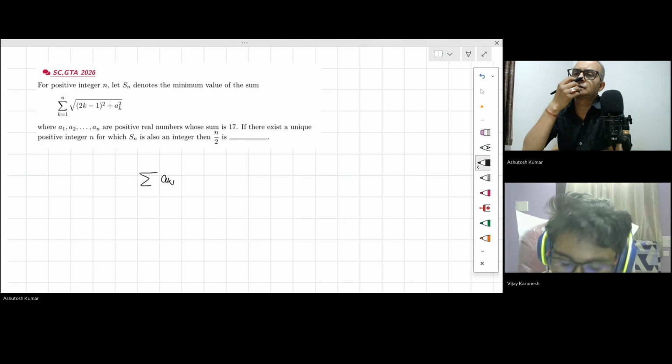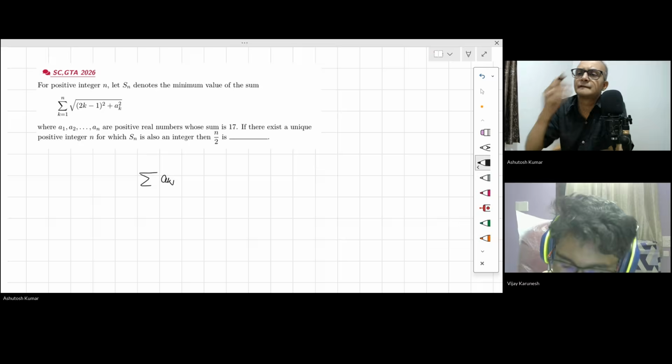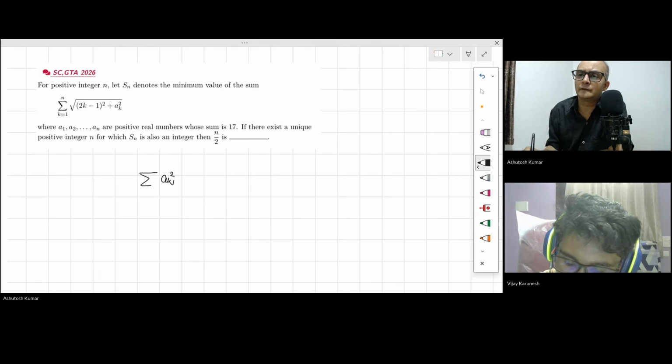Summation of that one and b_k squared, k goes from 1 to n.